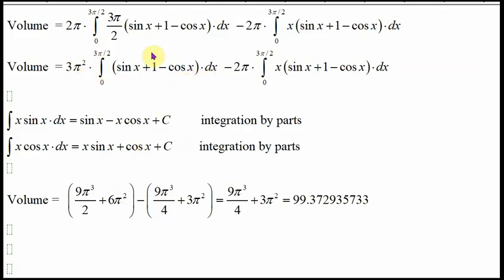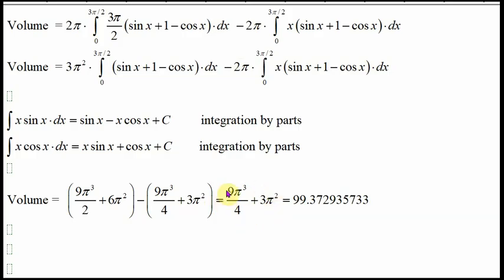If we work this out, it comes out as 9 pi cubed over 2 plus 6 pi squared. Then working this out further, it comes out to be 9 pi cubed over 4 plus 3 pi squared. So the final answer is 9 pi cubed over 4 plus 3 pi squared.